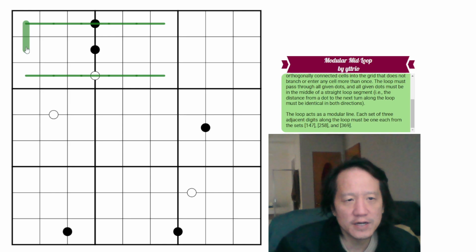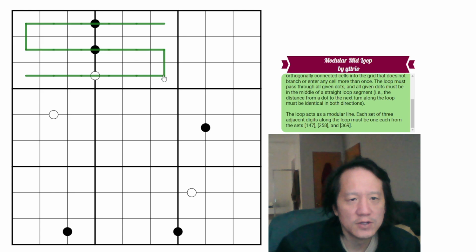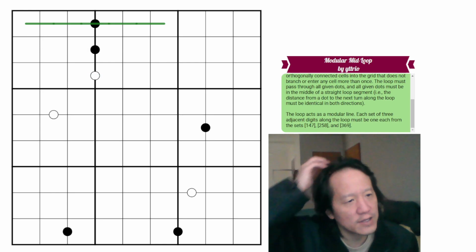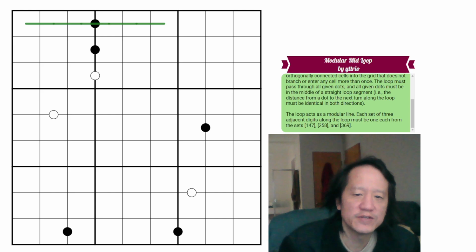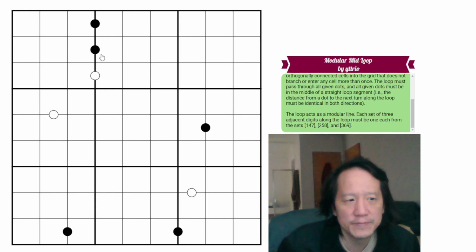Because this obviously would have to go here. But what about this one? I guess you could continue here and then here. But then the problem is, where does this go? It has to extend that way, which breaks the dot being in the center of a line. So they have to be of varying lengths. And I think they specifically have to be 3, 2, and 1, right?